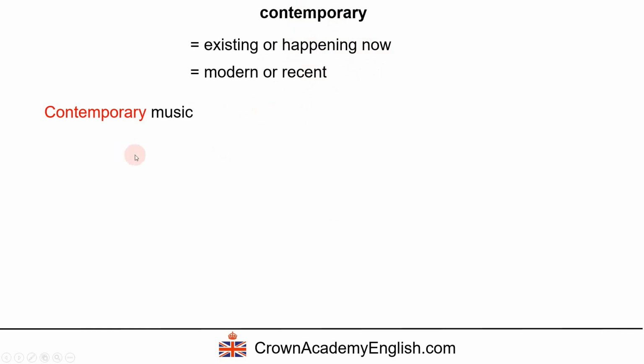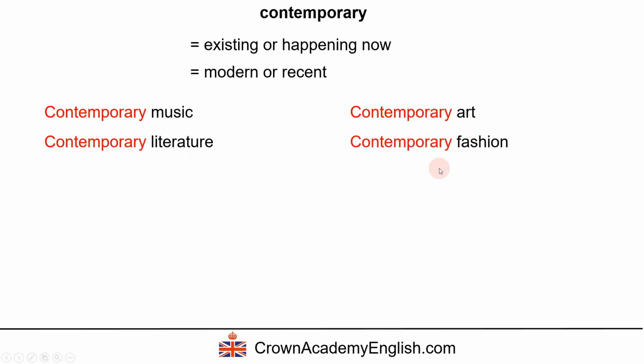Well, we talk about contemporary music, contemporary literature, so books, contemporary art, and contemporary fashion. Okay, so all of these, when you hear of these, they're talking about modern music, literature, modern art, and fashion. Okay, so recent.